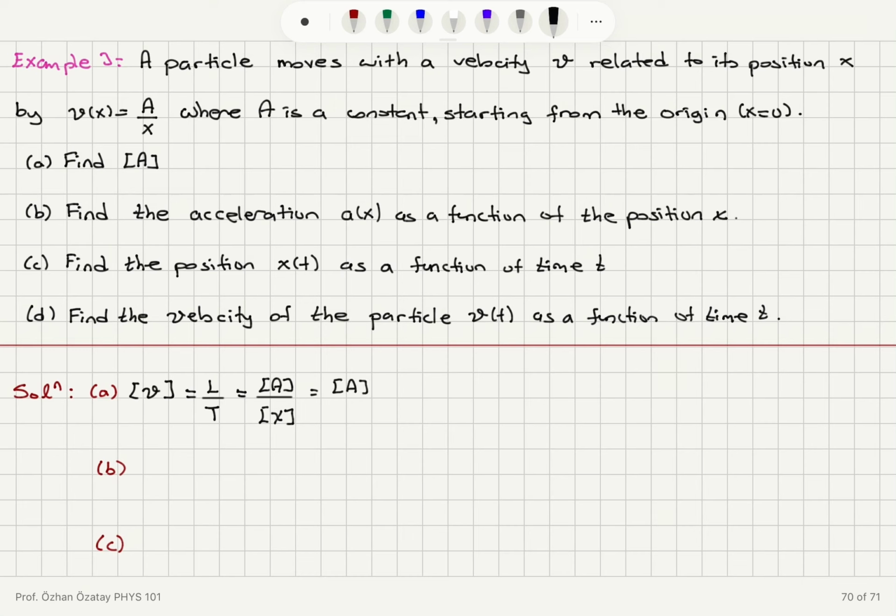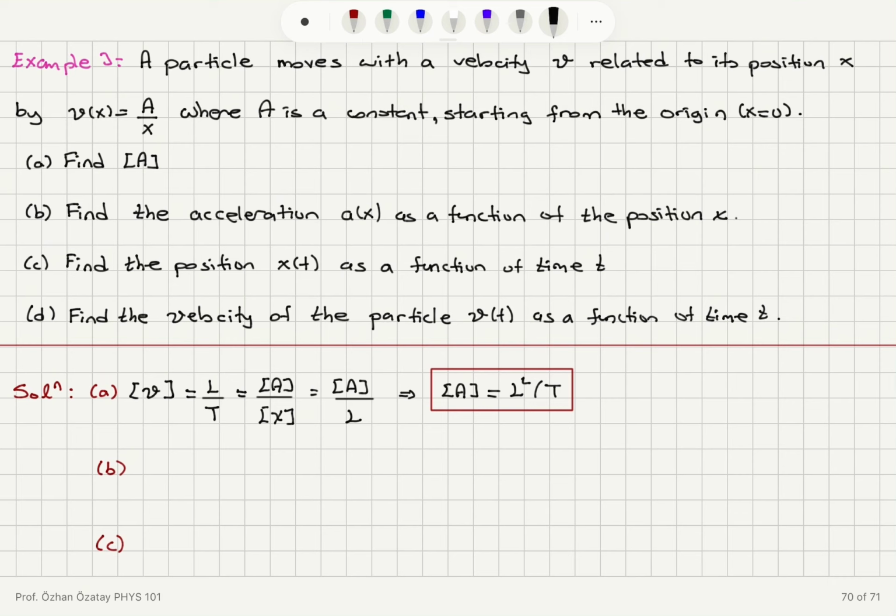The dimension of a is what I'm trying to find. The dimension of position is length. So you can see that the dimension of a is L squared divided by t. So m, l, and t are fundamental quantities in mechanics, so we have to write it in terms of these three. So it's L squared over t for the dimension of the constant capital A.